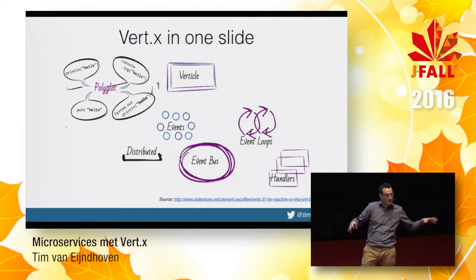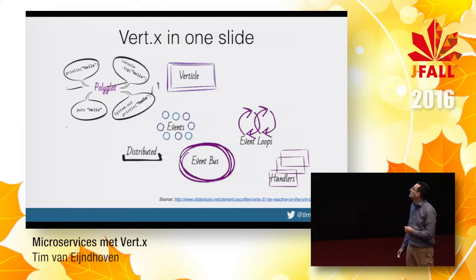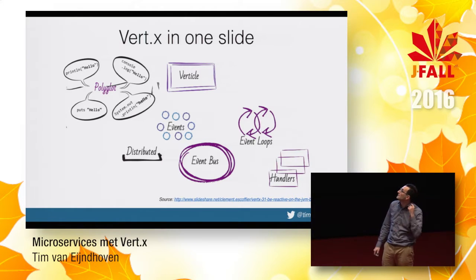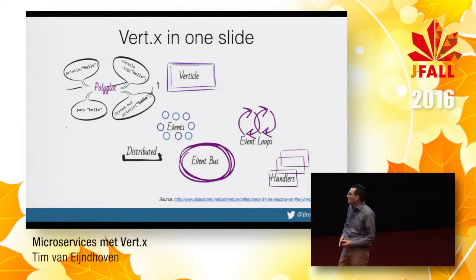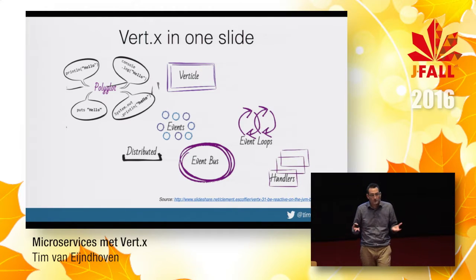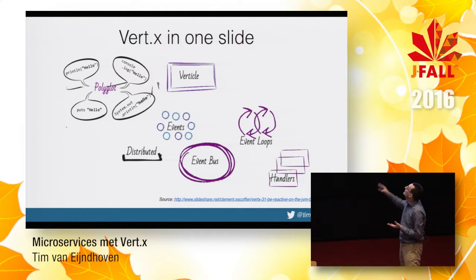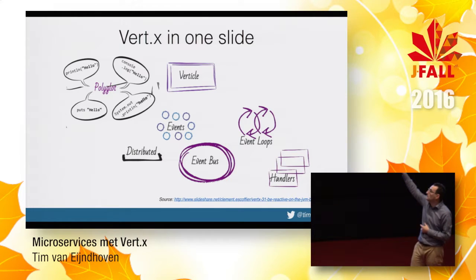So in one slide, a summary, for anyone who likes the sketch note type of things. This is a slide from Clément Escoffier, one of the Vert.x core developers. So it's polyglot. You can write Vert.x stuff in different languages. You have the unit of work, which is a vertical.